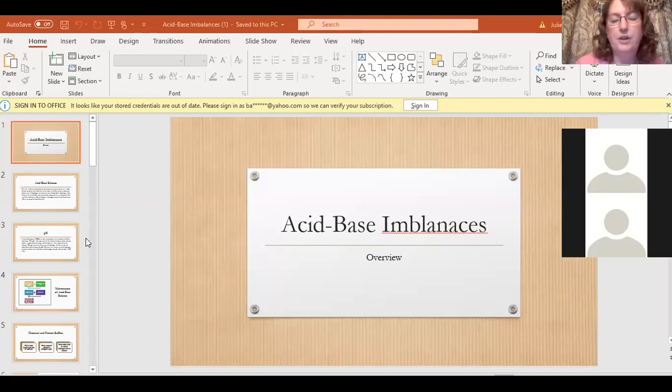There's another level that I want you to write down. You don't really need this level to figure out an ABG, but it's just nice to know the information because it's going to tell you if this person is having hypoxemia or not. So PaO2, write down 80 to 100.